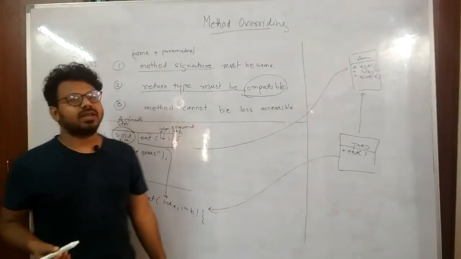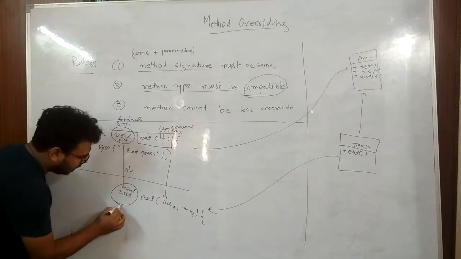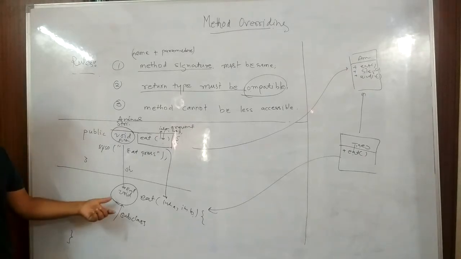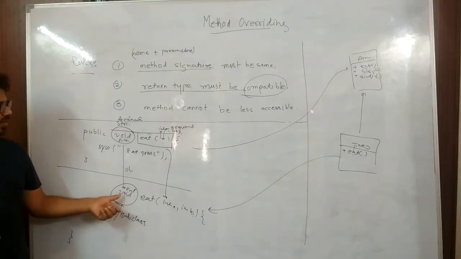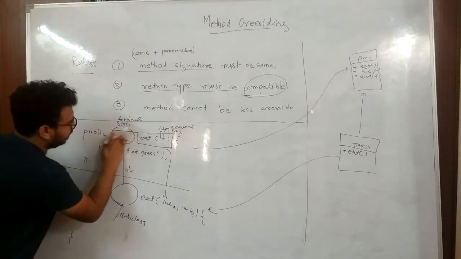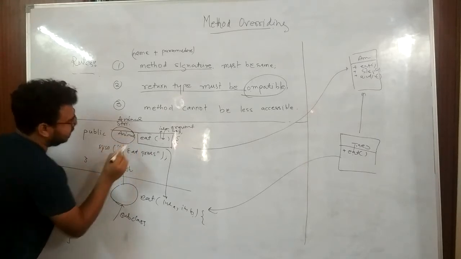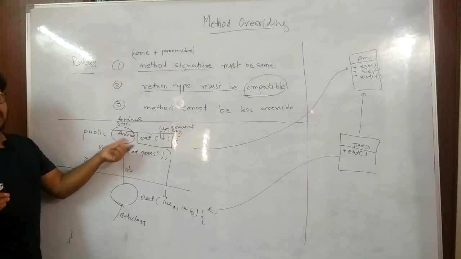This means that we can replace the return type with a subclass. Suppose this eat method has the return type as an animal reference.